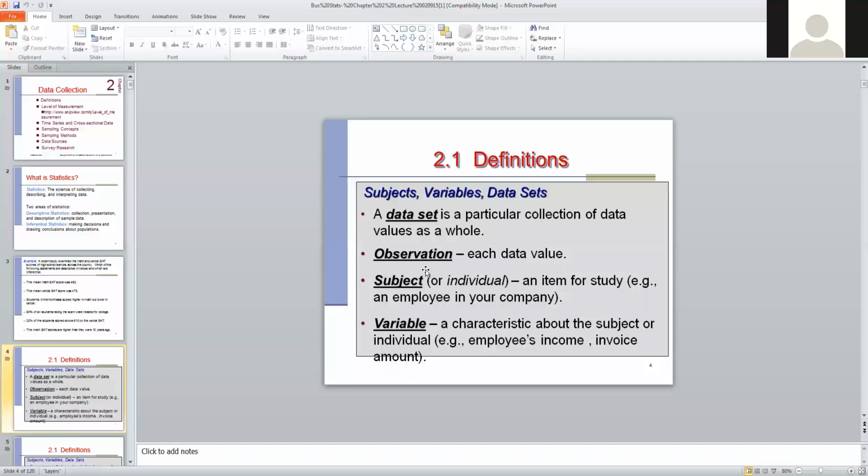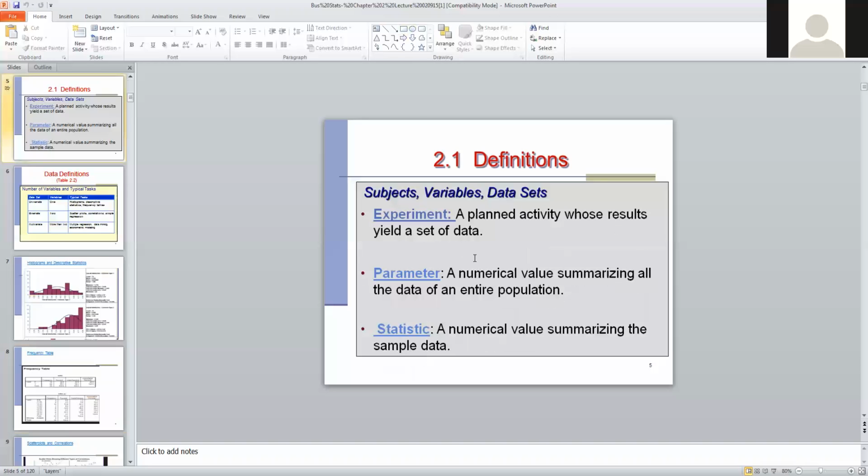So more on definitions. Again, you can read through this, but essentially when we talk about data, we're talking about a data set. This is a collection of the data values as a whole, versus an observation, a subject, and a variable. One of the things that we should be clear about is the difference between a population and a sample.